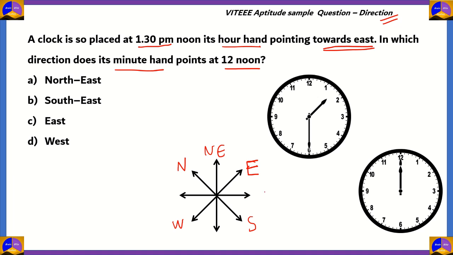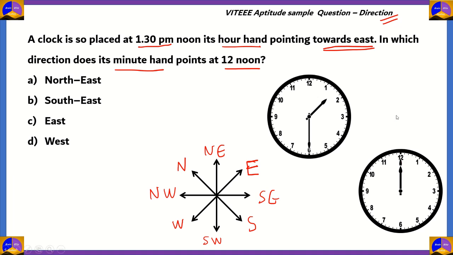Between east and south, it's southeast. Then between south and west, it's southwest. And between north and west, it's northwest. So now we've got our 8 directions. And we also know that at 1:30 p.m., the hour hand faces east. So the arrow that shows northeast is also the same direction at which the minute hand points at 12 o'clock.